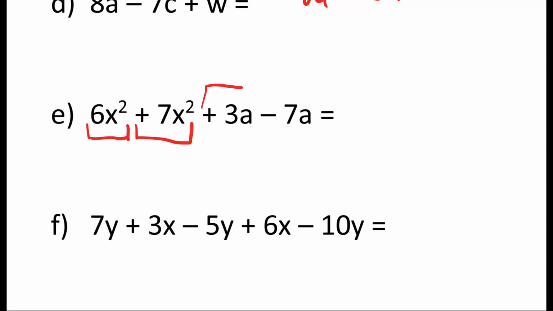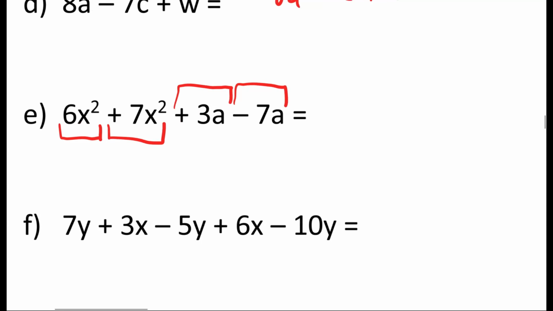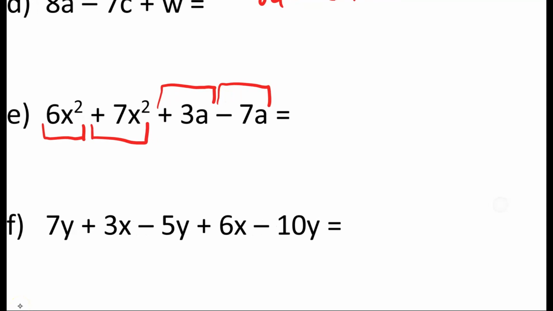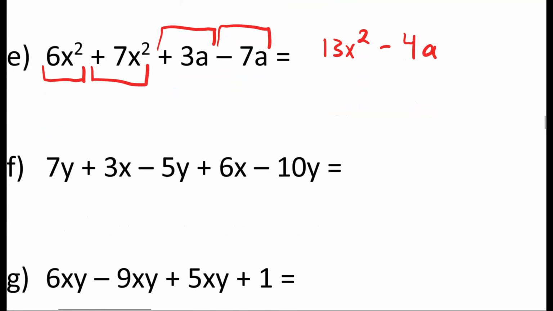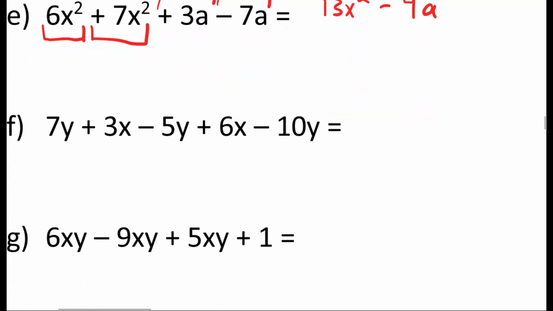Then we have 3a and negative 7a, which we can also combine together. 6x squared plus 7x squared gives us 13x squared. And then we have positive 3a subtract 7a, which leaves us with 4a. And that's combining the like terms, and that's as simplified as we can get on this question.